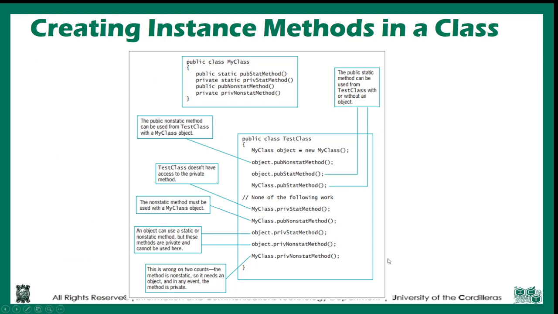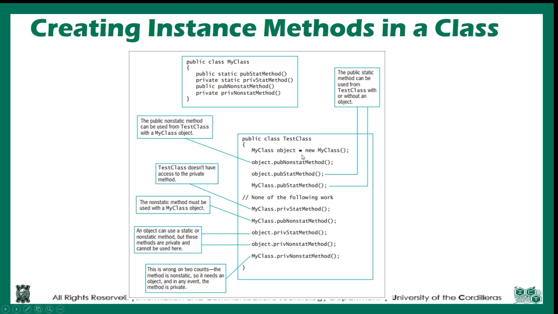Now let's take a look at this test class example, and let's try to read and analyze each part of the code. So we have a class here. We have instantiated an object with the name myClass.